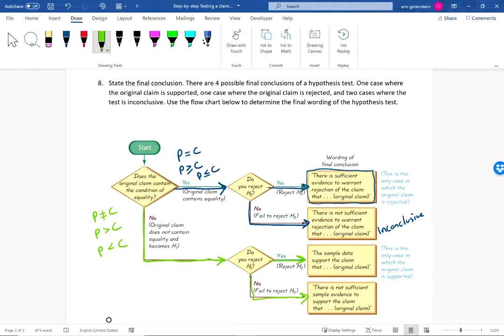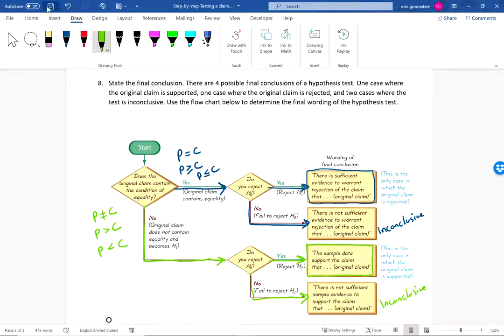So if the original claim does not contain equality and you do reject the null hypothesis, that is the case where the data supports the initial or the original claim. And if you do not reject the null hypothesis, we say the test is inconclusive. All right, so most of this we covered in our last discussion.